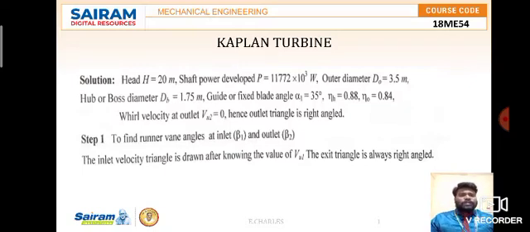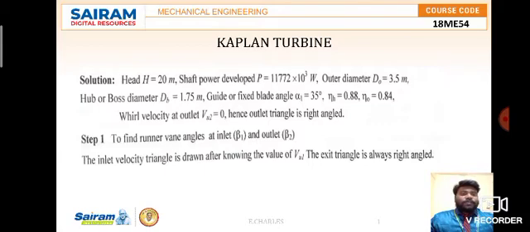So what is the data? Once again, head H is equal to 20 meters and shaft power developed P is equal to 11,772 into 10 cube watts. The outer diameter d0 is equal to 3.5 meters, and the hub or boss diameter db is equal to 1.75 meters.